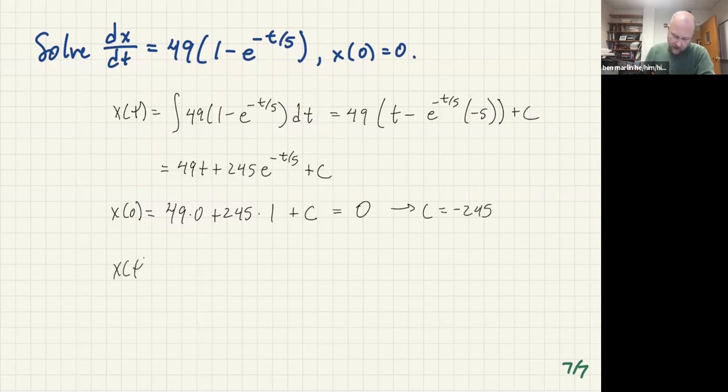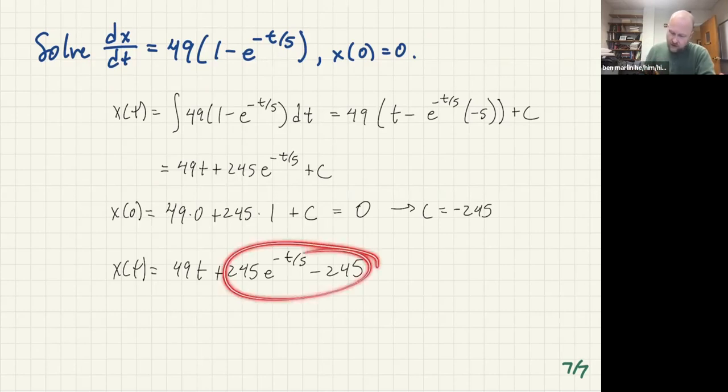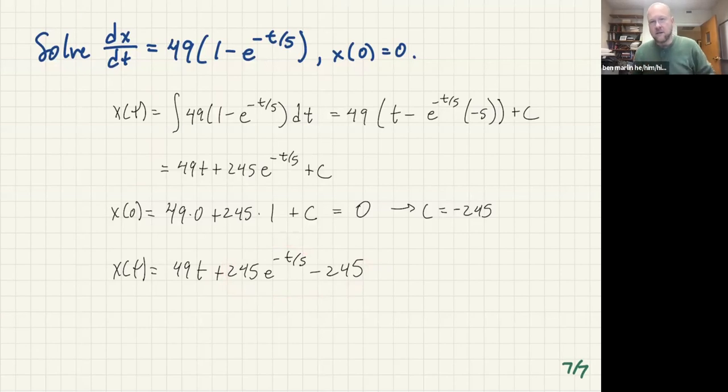So my solution, x of t, comes back here to 49t plus 245 e to the minus t over 5, and then minus 245. If you'd like to, you could group these two things at the end and factor out the 245 or something like that. But that is essentially what we're doing so far to find these.